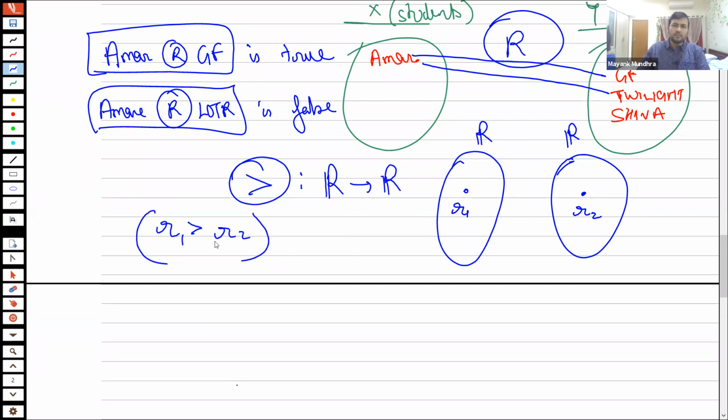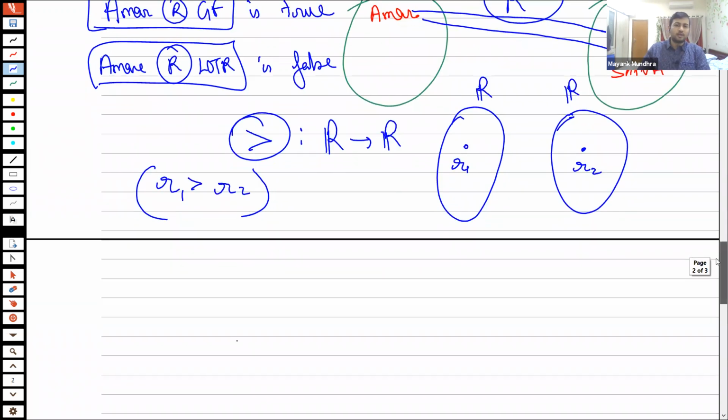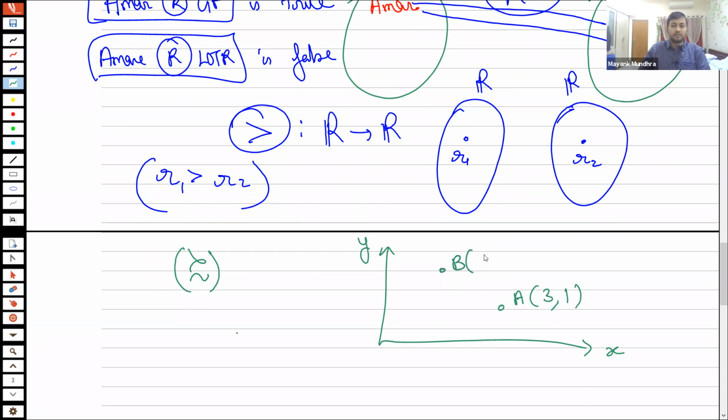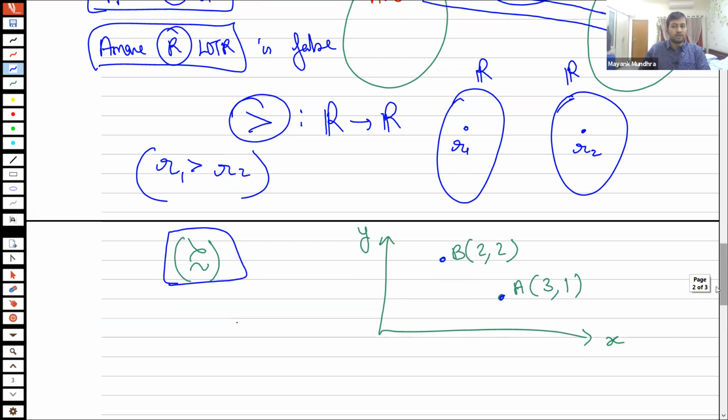Okay. Now, in the first class in microeconomics, we talked about the swiggle, that is, our preference relations. So preference relations basically helped us compare different bundles. So suppose there are goods X and Y, and there's this bundle A, which is, let's say, 3 units of X and 1 unit of Y. And there's this bundle B, which is, let's say, 2 units of X and 2 units of Y. Now, what the swiggle does is it takes two things and checks if this relationship is true or not.